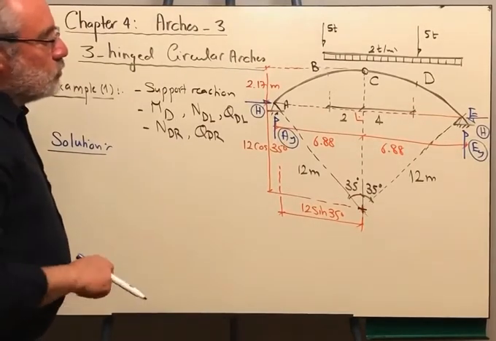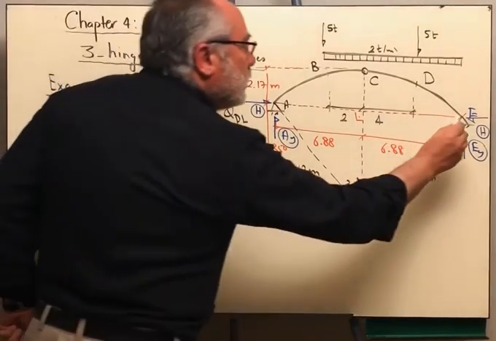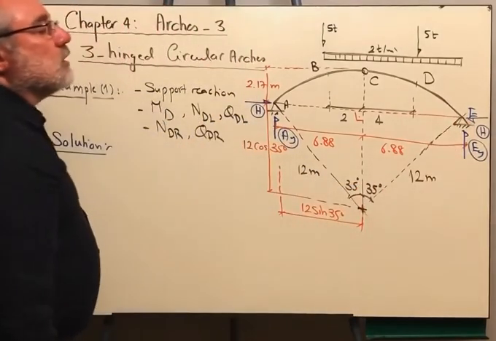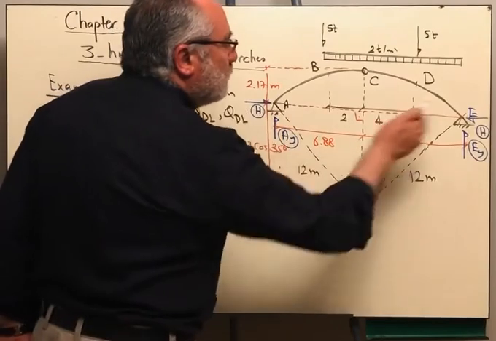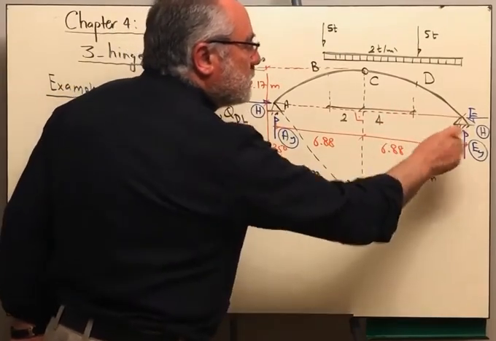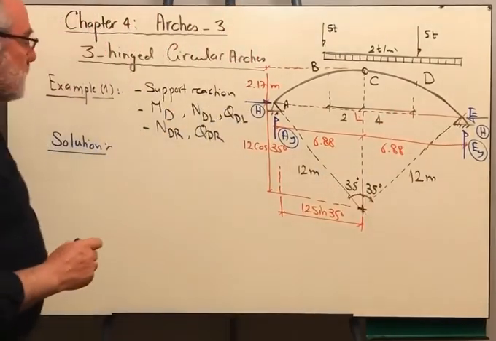Now, what are we going to do? We can take moments about point E in order to get the reaction AY, because there I will have all of the reactions meeting at this point. Then I should be able to get the reaction AY.